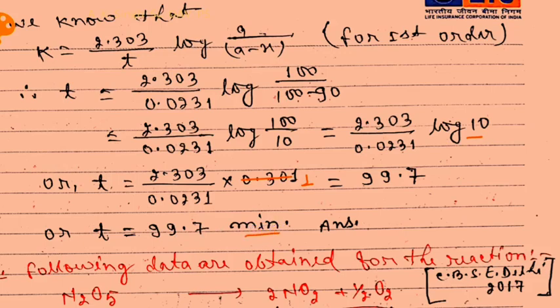It is the answer. So mind here, 0.301 is written, but value of log 10 is 1, so you have to write 1 here.